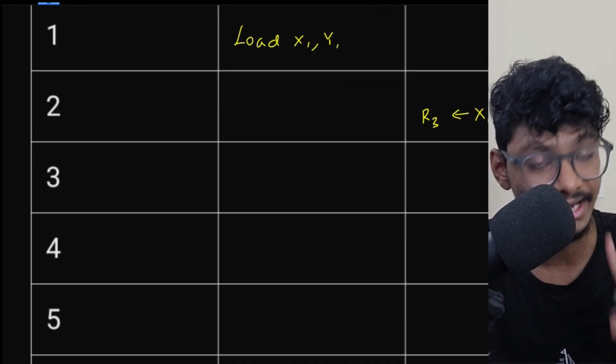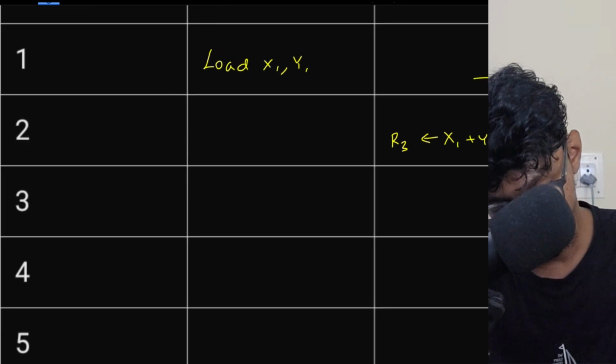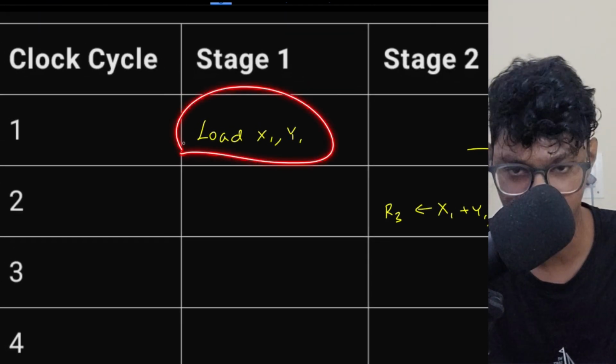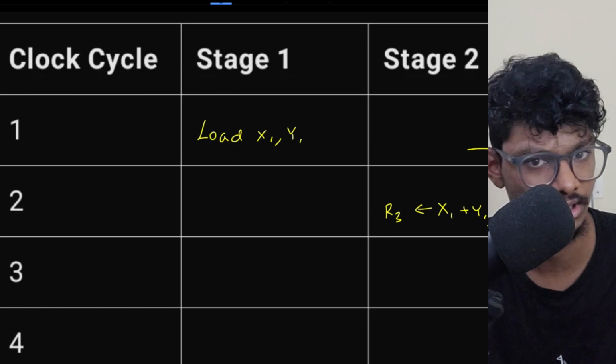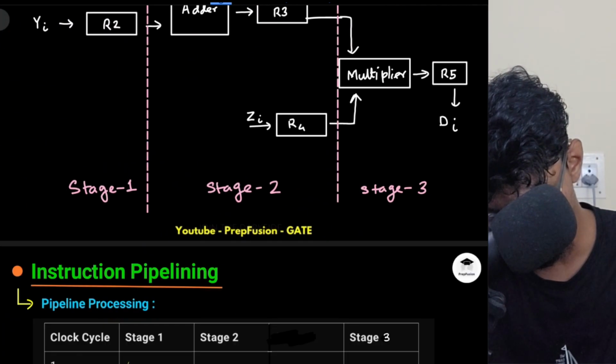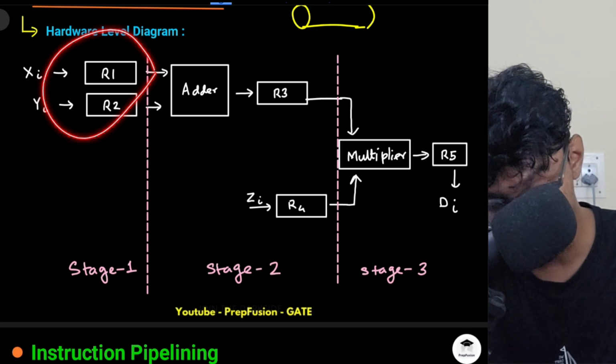In the second clock cycle, I will not keep stage 1 idle. Stage 1 has done its job in the first clock cycle and sent the data to the next stage, so I can simultaneously load x2 and y2 in stage 1 in the second clock cycle.